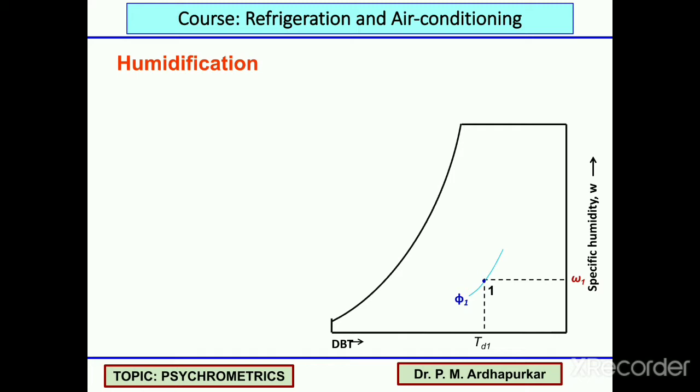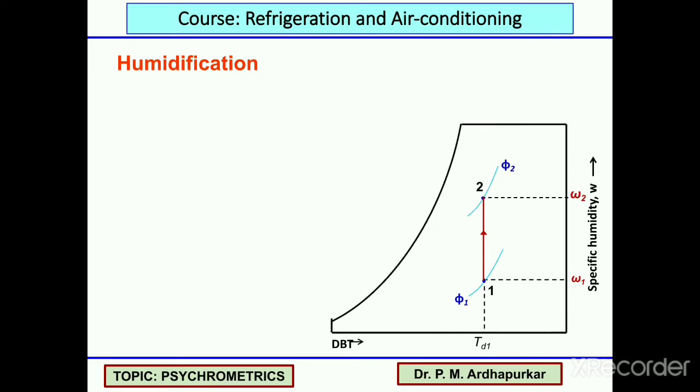Let's say your air condition is known to you as specified by point 1 on the psychrometric chart. Its dry bulb temperature TD1 and specific humidity or relative humidity is known to you. So, during the humidification, dry bulb temperature remains constant. Let us say this air is humidified up to point 2.